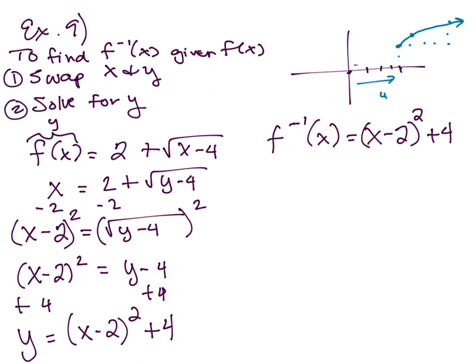Now, can we have a conversation about what this function would look like? What kind is this? It's a parabola. And where has this parabola moved? Right 2, up 4. 1, 2, 3, 4. And it looks like this.